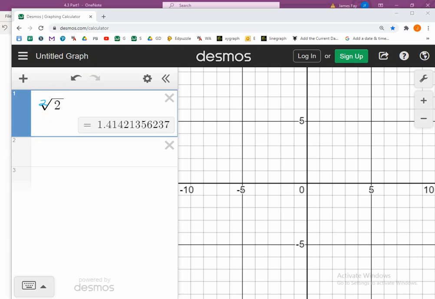Basically it's telling me how many times I'm going to multiply something together. Because it's a 2, I'm going to multiply something together 2 times. If it was a 3, it'd be telling me to multiply something together 3 times, 4 times, 5 times. What this means is if I take this number right here, this 1.414 number, and multiply it by itself that many times as the index indicates, it should give me the number underneath the radical.